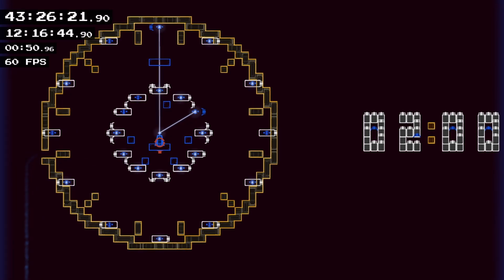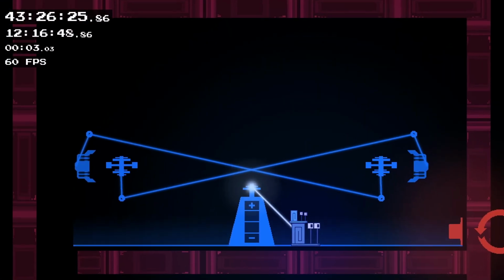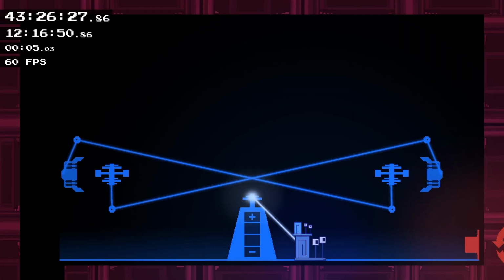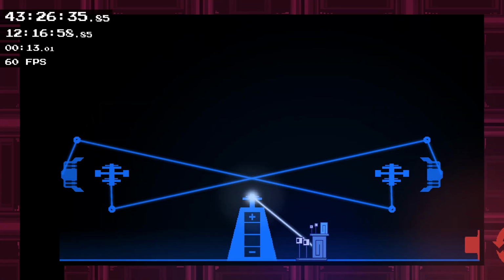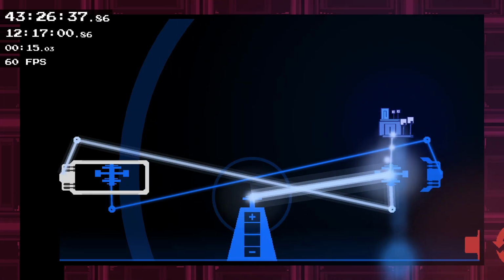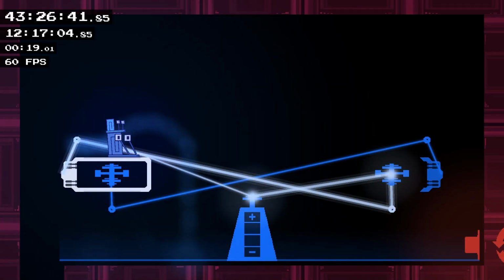So, to explain the mechanism behind this, basically what I want to do is have it so that only one of each connection point can be connected to power. So, for example, if I connect the one on the right, then this left one is off limits. I cannot access it.